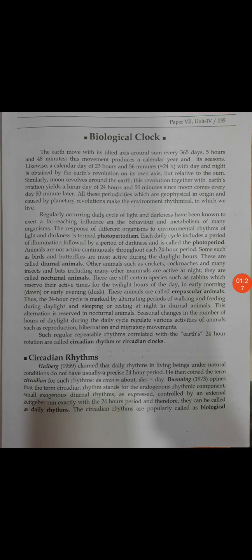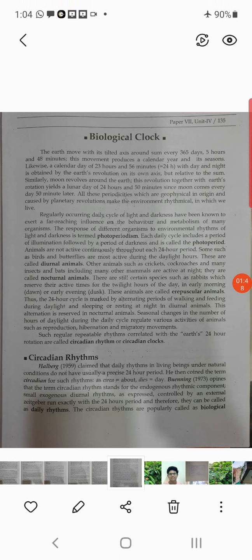So, regularly occurring daily cycles of light and darkness have been known to exert a far reaching influence on the behavior and metabolism of many organisms, including us. The response of different organisms to environmental rhythms of light and darkness is termed as photoperiodism.